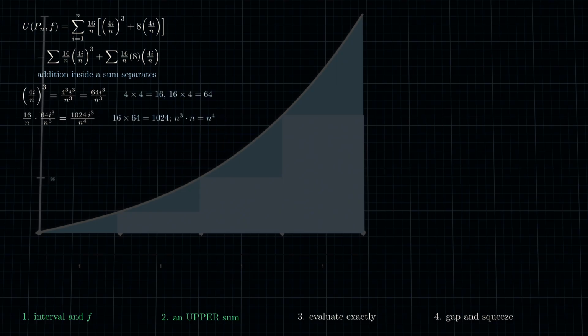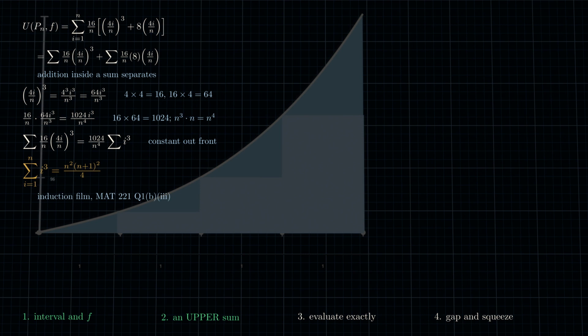Multiply by 16 over n, and each term is 1024 i cubed over n to the fourth. The n to the fourth does not depend on i, so it comes out front, and the sum of i cubed is left. There it is. The sum of cubes, the induction film proved, n squared times (n plus 1) squared over 4. Substitute, and canceling leaves 256 times (n plus 1) squared over n squared.